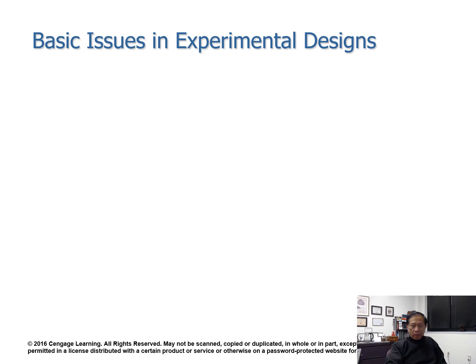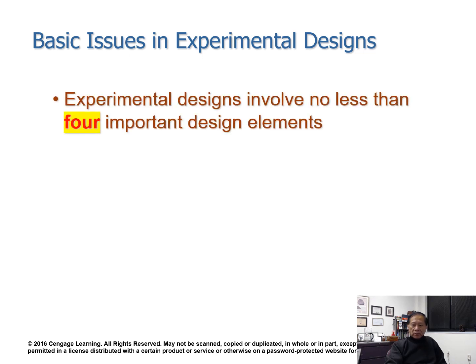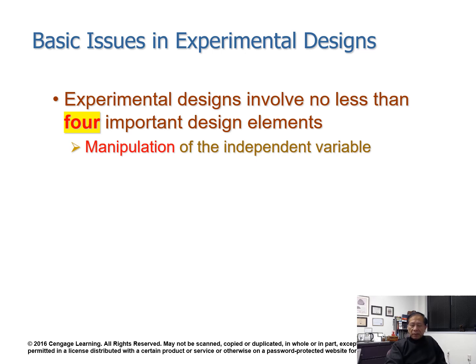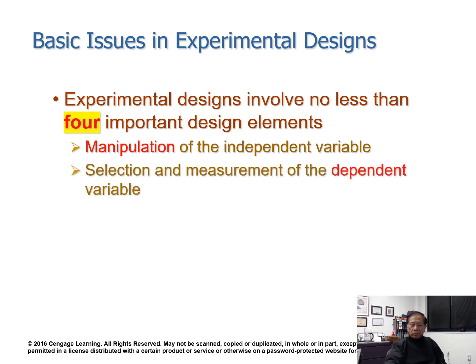Okay? There are some basic issues in experimental design. Experimental designs involve no less than 4 important design elements. First, manipulation of the independent variable. You can manipulate the level of lighting, or the different colors. Second, selection and measurement of the dependent variable. You select your dependent variable and measure that.